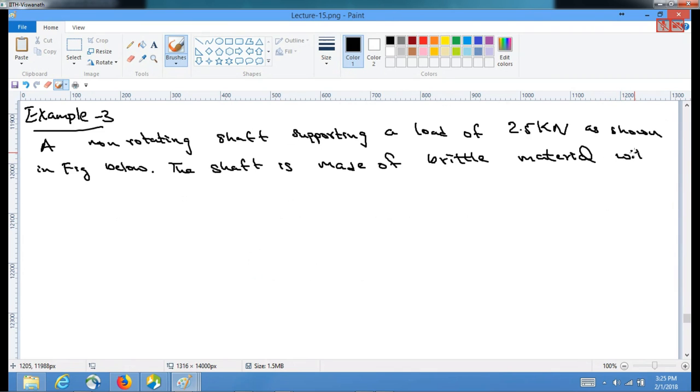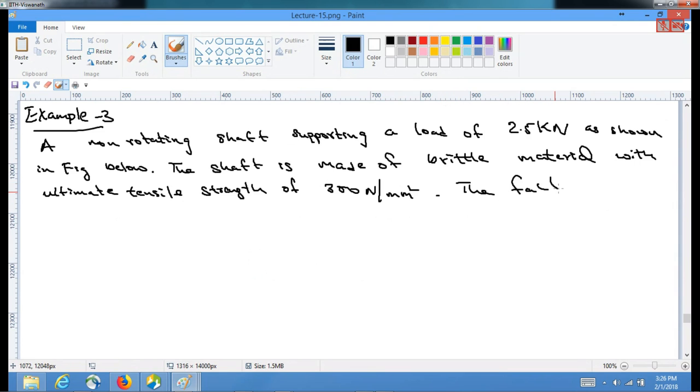with ultimate tensile strength of 300 Newton per mm square, and the factor of safety involved is 3.